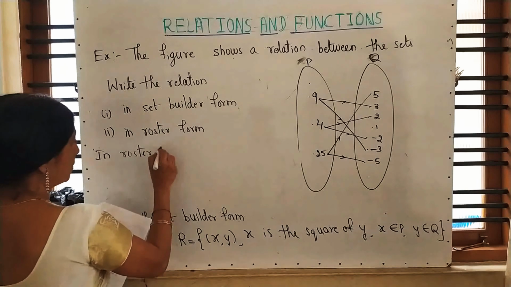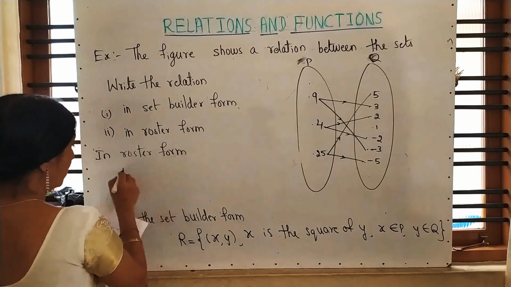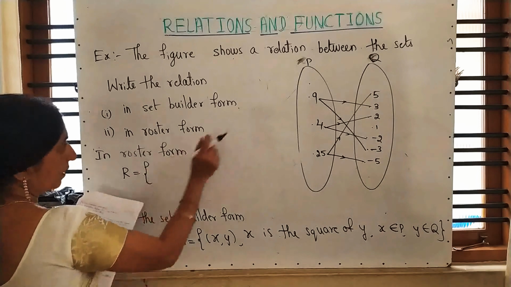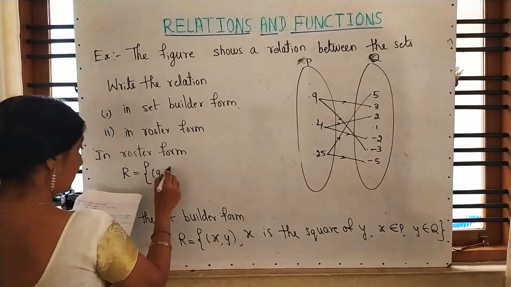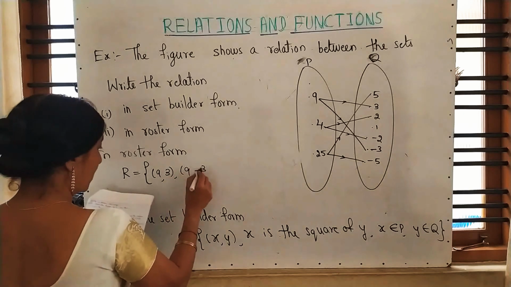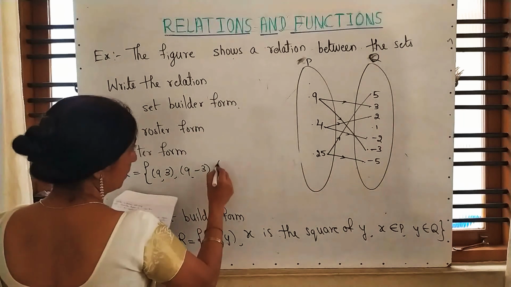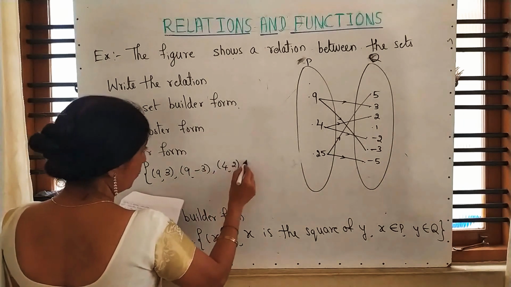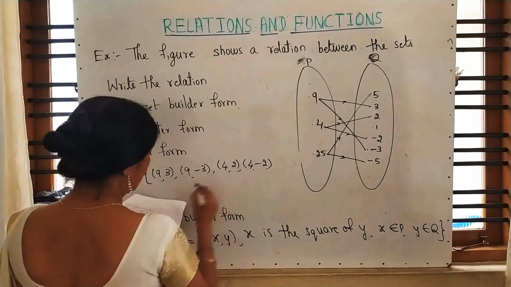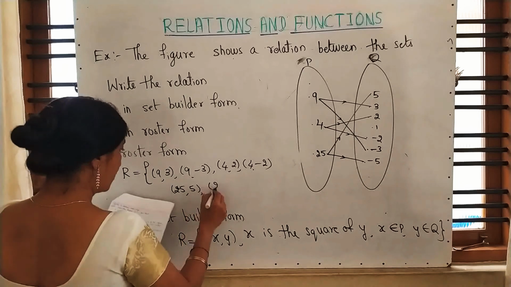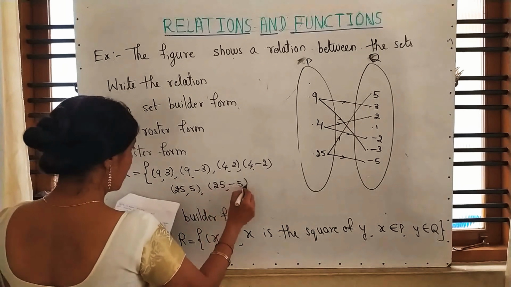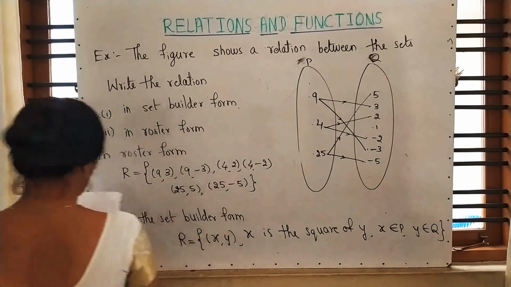In roster form, R is equal to {(9, 3), (9, -3), because it is connected with two numbers, (4, 2), (4, -2), (25, 5) and (25, -5)}. Is it very simple or what?